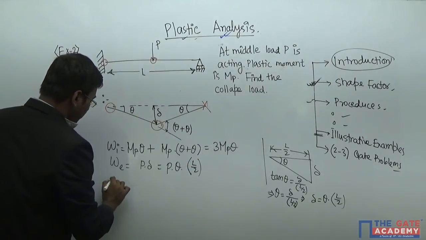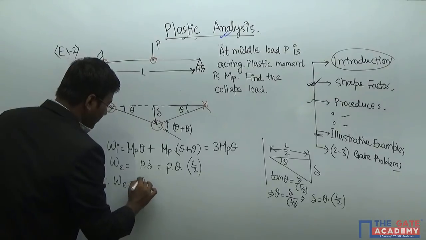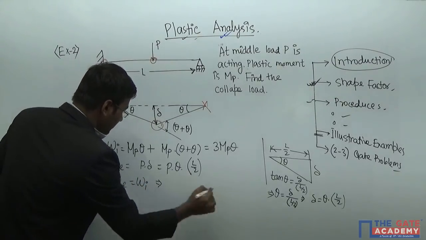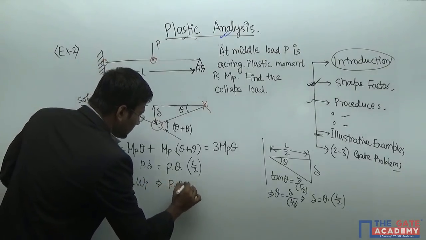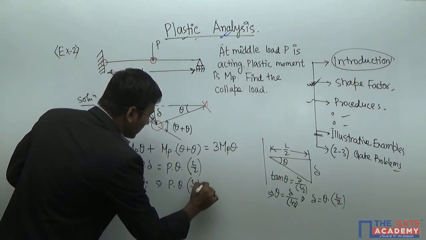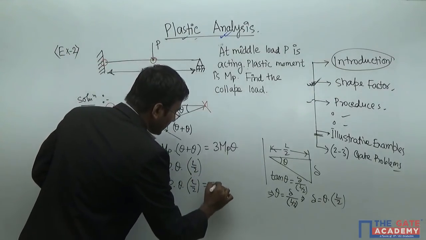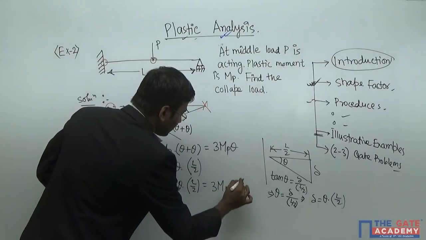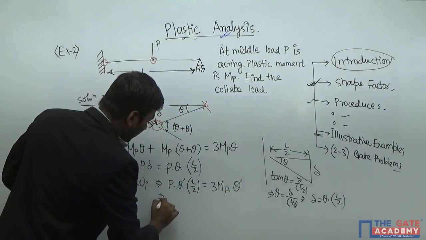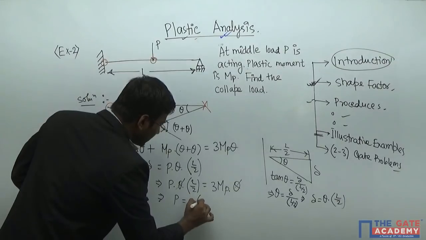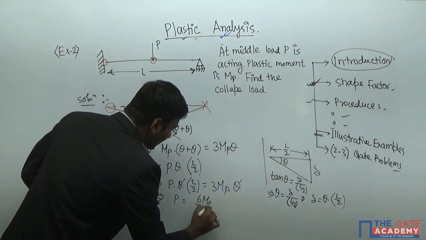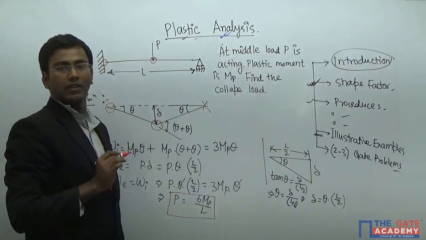So simply make external work equal to internal work. We can write P into theta into L by 2 equal to 3 MP theta. Just cancel theta. The collapse load will come P equal to 6 MP by L. Right?